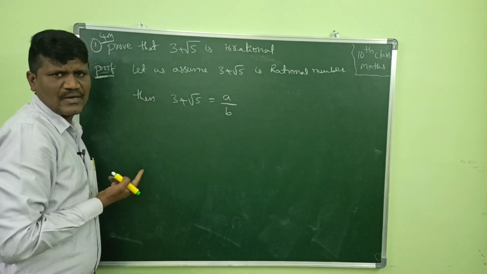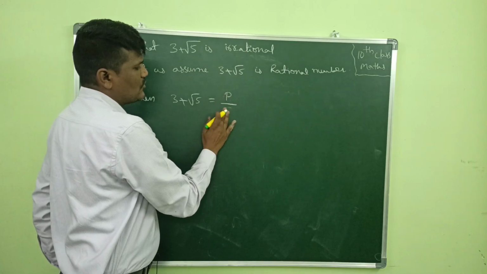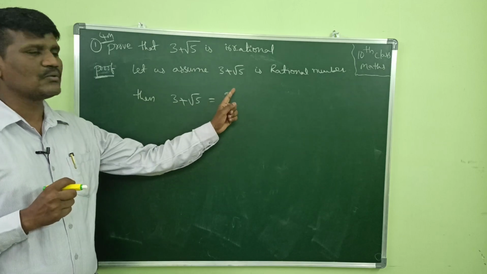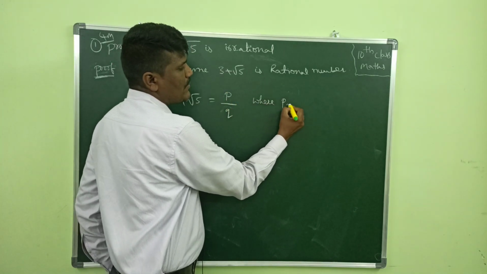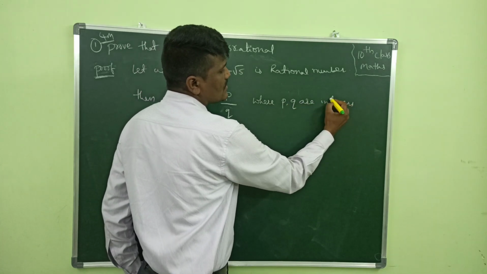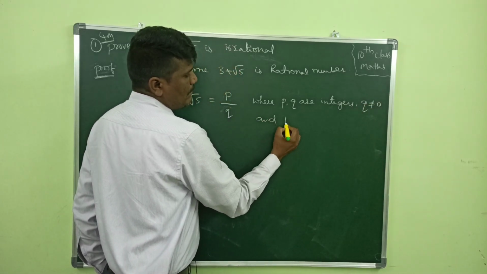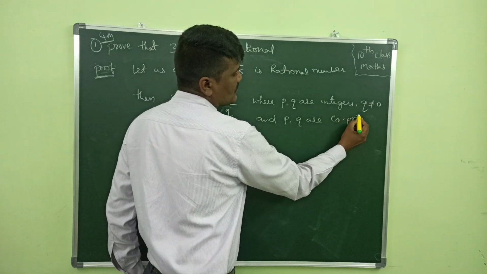You can take a by b or p by q. Let us take p by q here. Whatever you want you can take. 3 plus root 5 is equal to p by q, where p, q are integers, q is not 0, and p, q are co-primes.